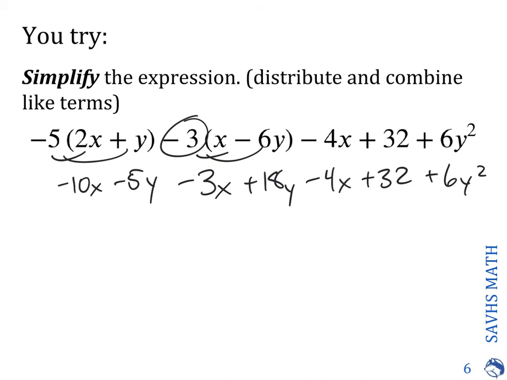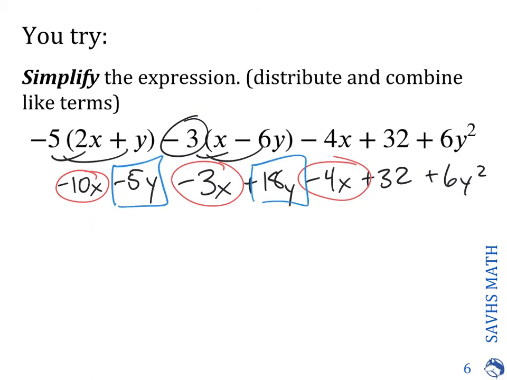Okay, so then we need to do combining the like terms. I'm circling everything that just has an x. I'm going to put a box around everything that has just a y. And then everything else looks like it's separate. So this 32 doesn't look like it can combine with anything else, and this 6y squared doesn't look like it'll go with anything else either.